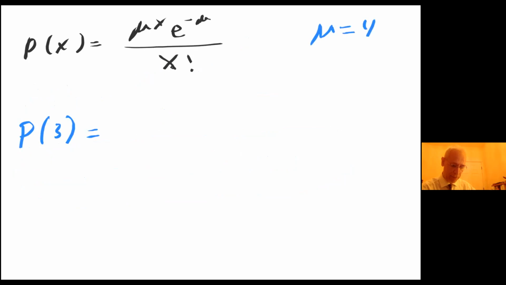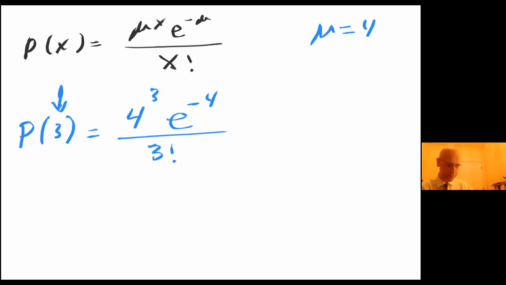So I have 4 to the power of 3, because that's the one we are calculating, times e to the power of minus 4, divided by 3 factorial, which is 3 times 2 times 1. And put that in your calculator. At least my calculator gave me 0.195, or you can say 19.5%.